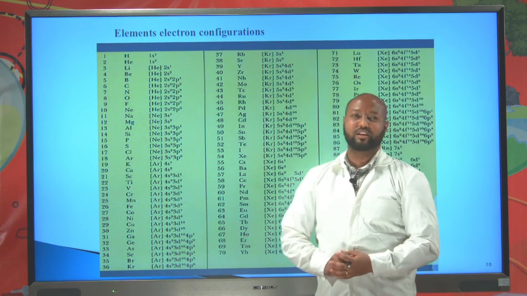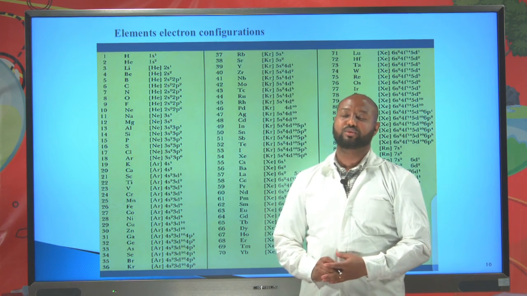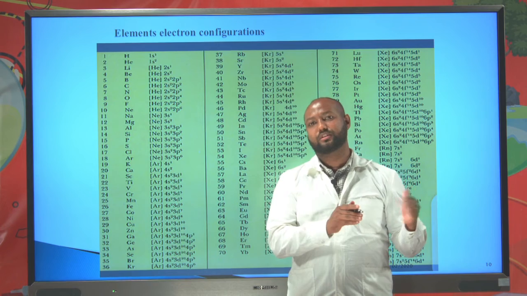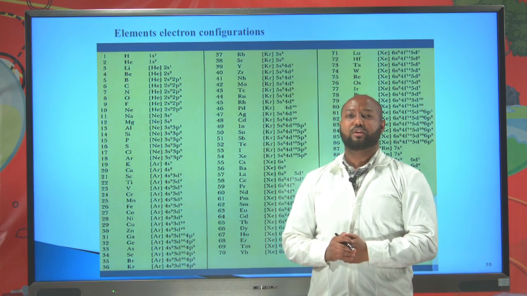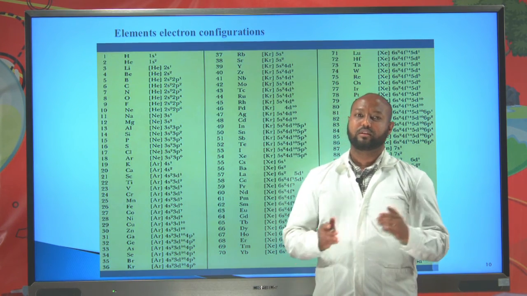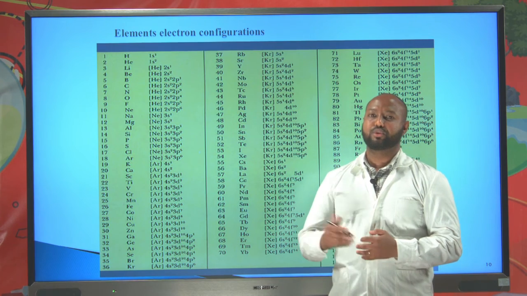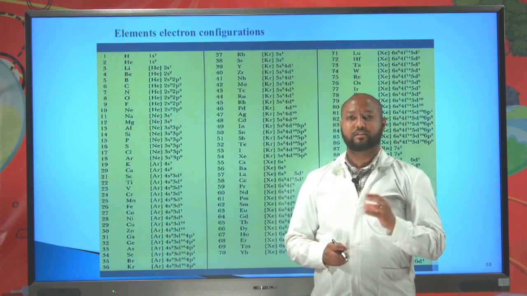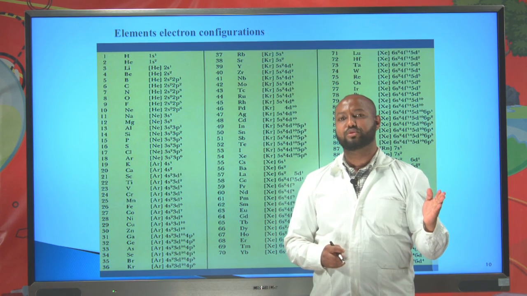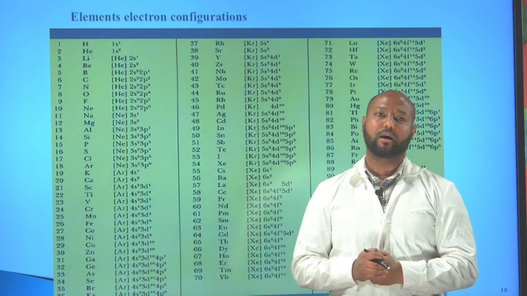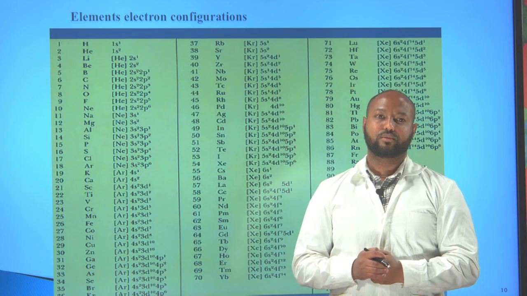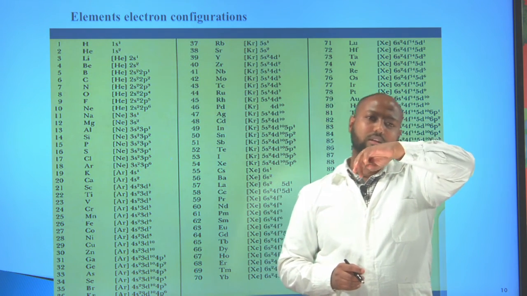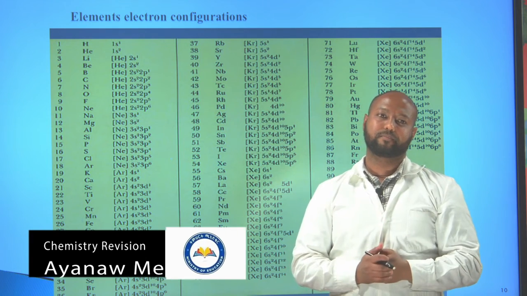So today you learned about electron configuration and orbital diagrams. Electron configuration is the arrangement of electrons in the atom, the distribution of electrons on the orbitals, and an orbital diagram is represented by boxes, and electrons are represented by arrows, clockwise upward and anticlockwise downward.